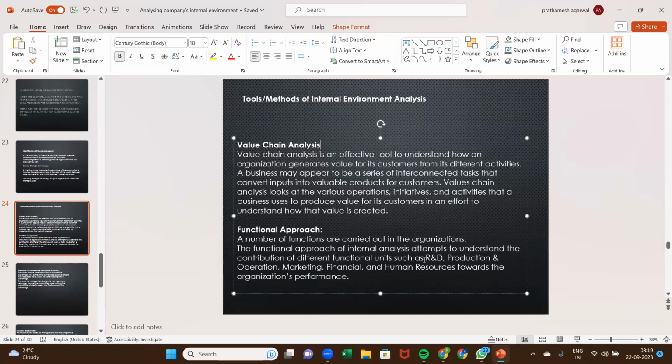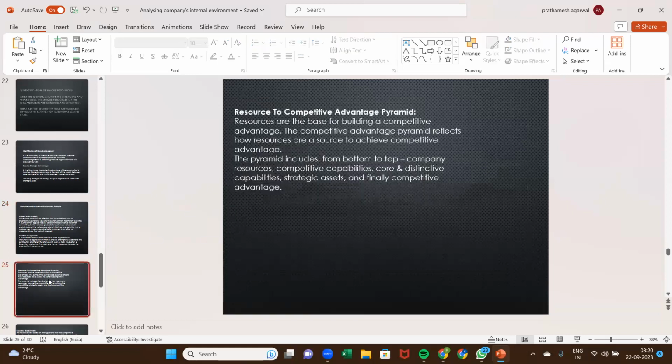A customer will always want some newness in the product. How does the newness come? It does not come all of a sudden. There is an R&D team working on value addition to the product. Then production and operations, marketing, financial and human resources contribute towards the organization's performance.